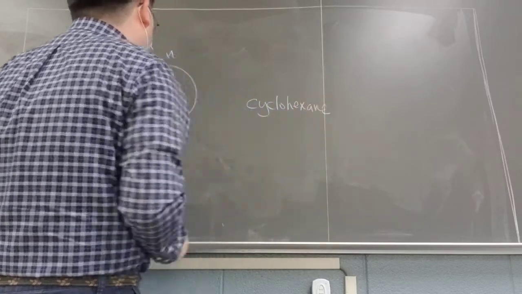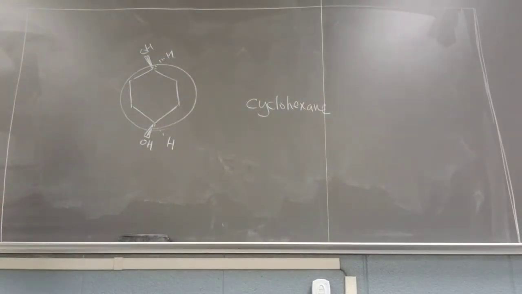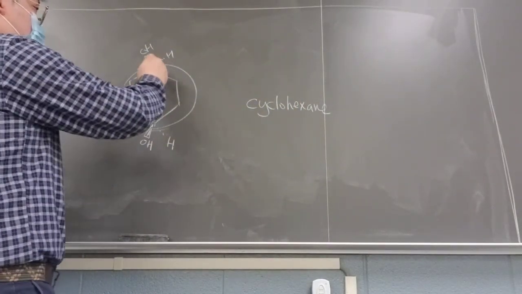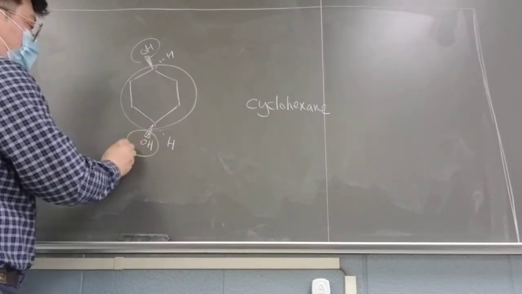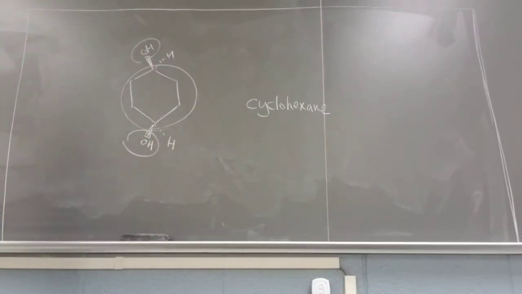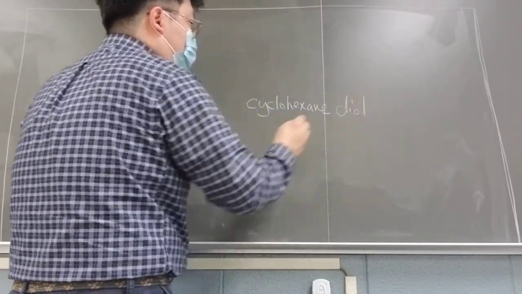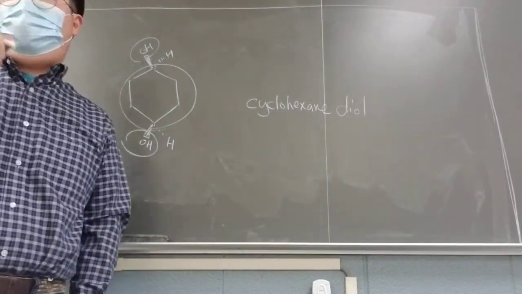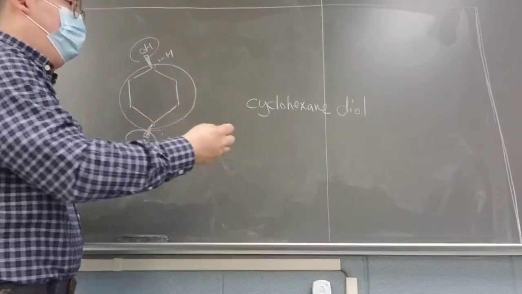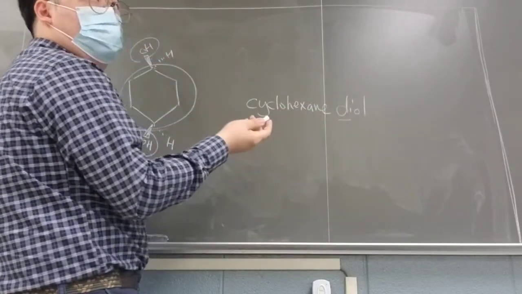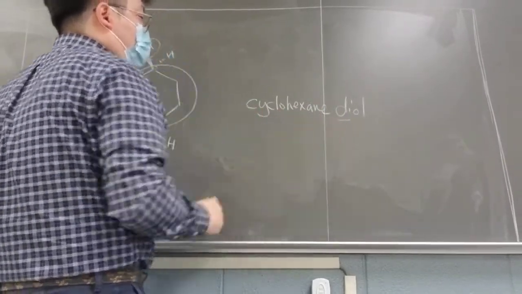And then obviously you have 2 hydroxy groups over here. So in this case, we're going to do diol, because there are 2 hydroxy groups there, so we put di there, which means 2. So that makes cyclohexane diol.